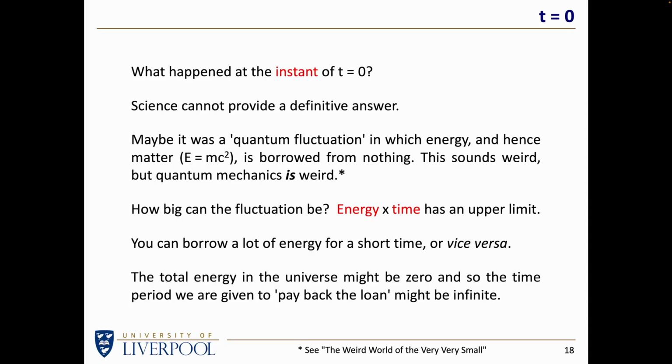Because gravity is a negative energy and mass is a positive energy, and when you add them all up, the total might be 0. So perhaps the time period we are allowed to pay back the loan is infinite.